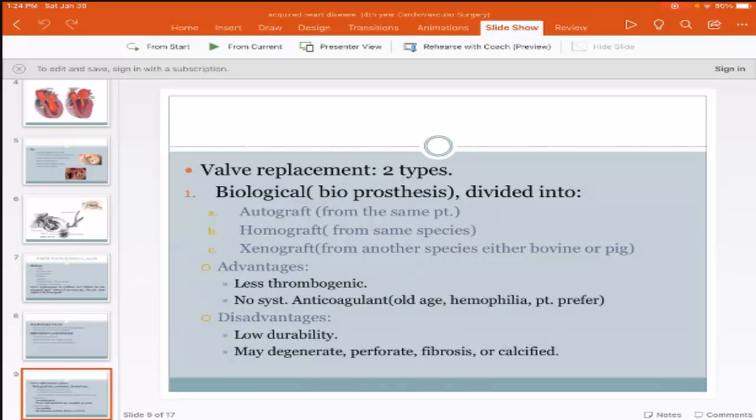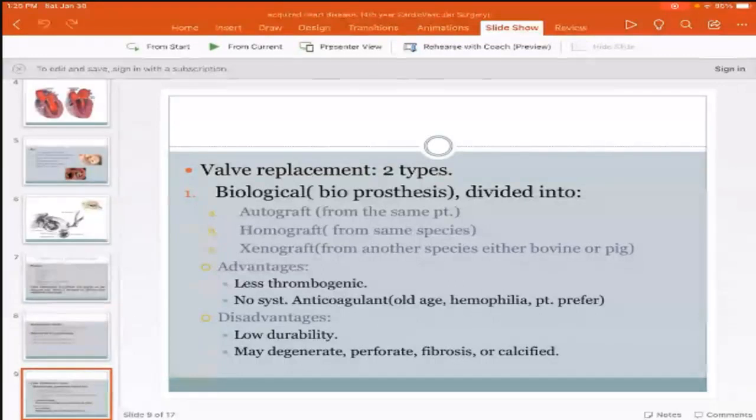We use this one in old age, when life expectancy is maybe 10 years or below. And especially in hemophilic patients, or sometimes when the patient prefers a biological valve and does not want a mechanical one.